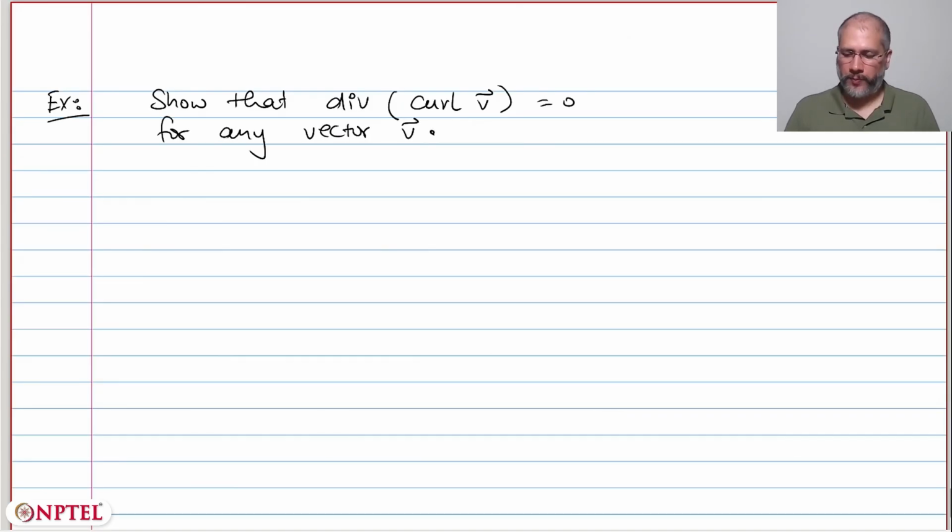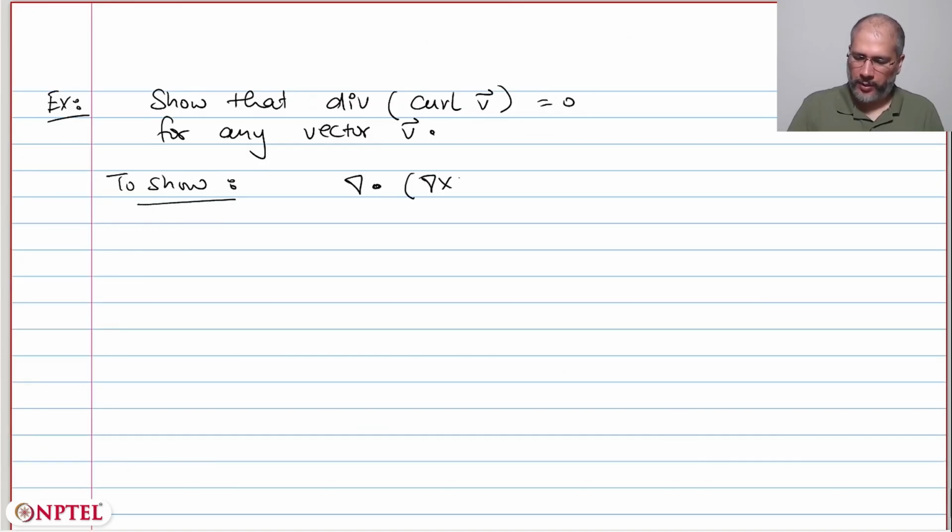We have to show that the divergence of the curl of a vector v is 0 for any vector v. So let's write this in the symbolic notation. Divergence of the curl of any vector v is 0.